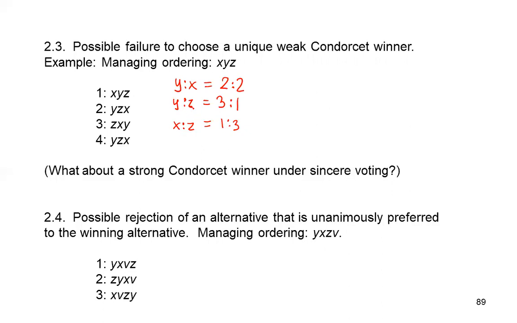So Z is not a weak Condorcet winner because it loses to Y. X loses to Z, and Y beats Z and also ties with X. So Y is a weak Condorcet winner.